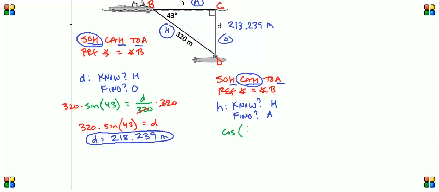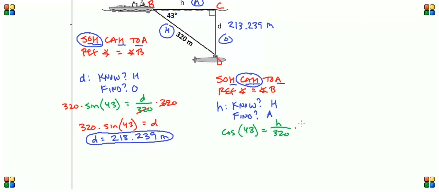Cosine of our reference angle 43 degrees is equal to, well, cosine is adjacent over hypotenuse. Adjacent is the side we want to know, which has a variable H, and hypotenuse is 320. In this case, we see our unknown side is the numerator.